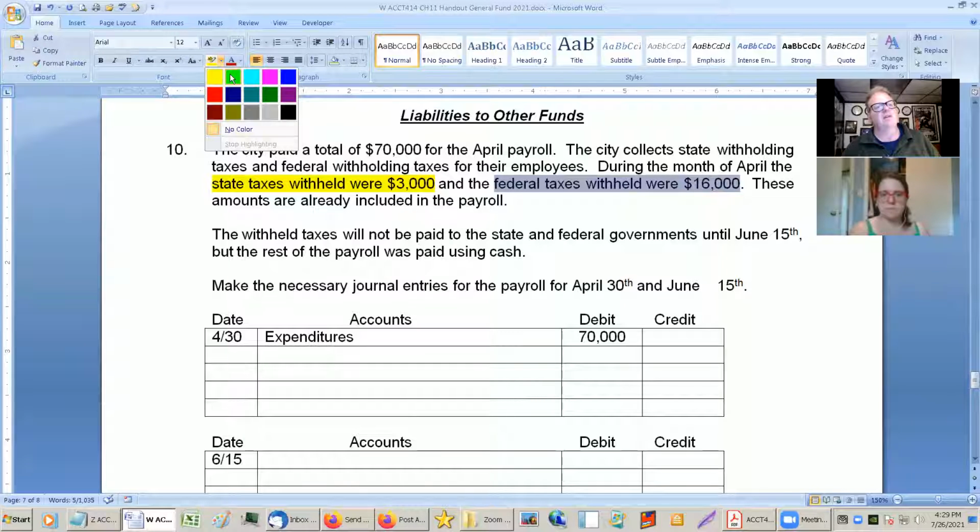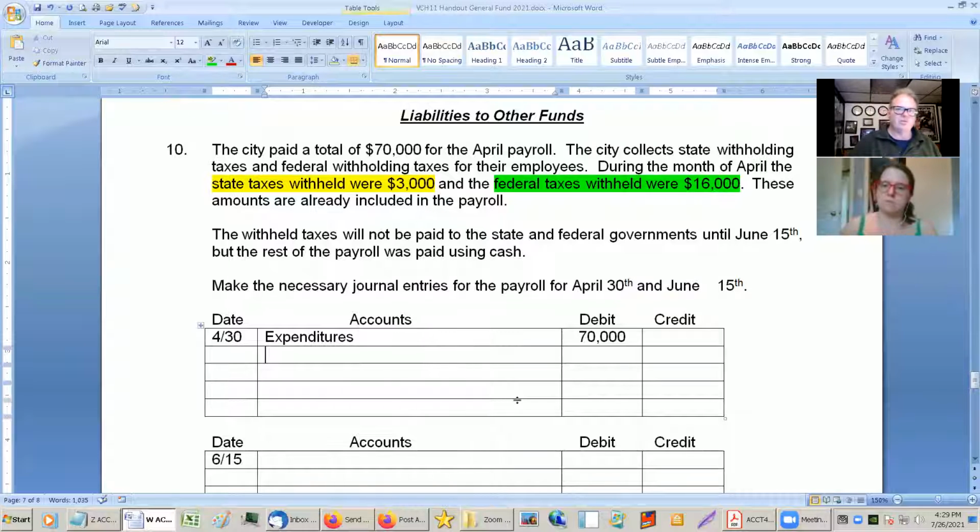Okay, now these are government agencies, so we don't do accounts payable. We do two. So let's do state first. So due to state, and you may say withholding taxes or something, I don't need to put that in now, but due to state, 3,000.